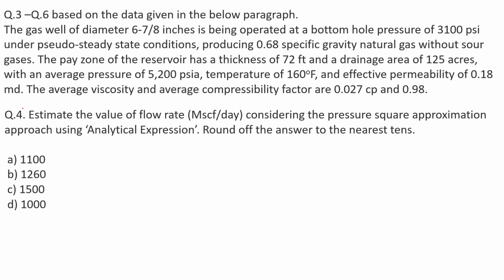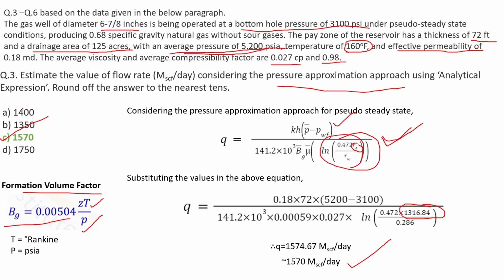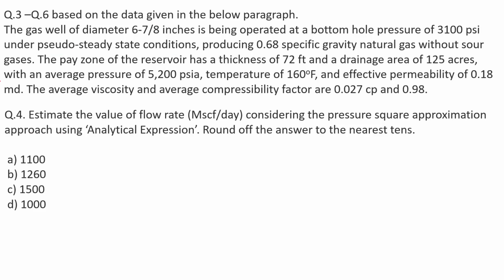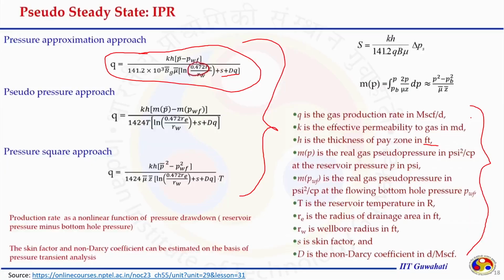So the next question is, for the same data, they ask to estimate the value of flow rate considering the pressure square approximation approach using an analytical expression, and round off the answer to the nearest one. So again here they are asking for the pressure square approximation approach, which is this equation.